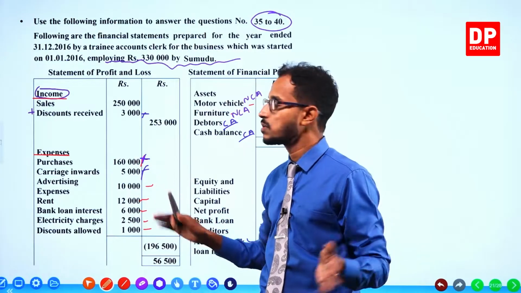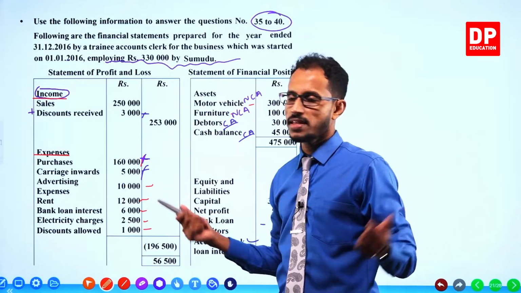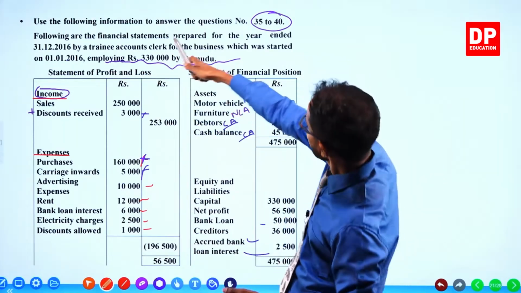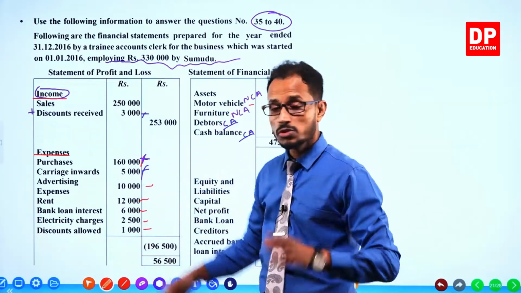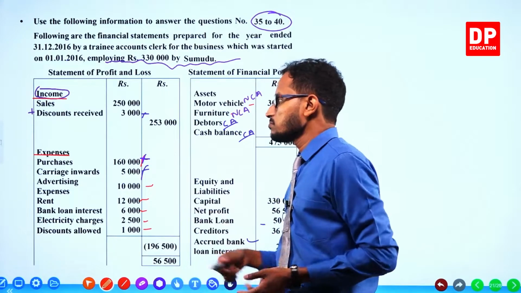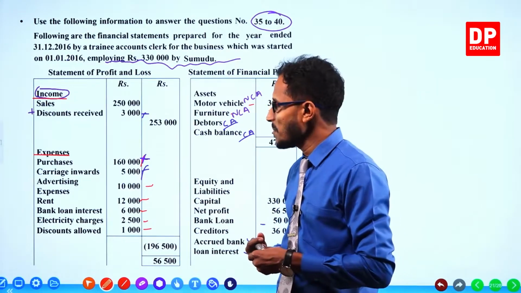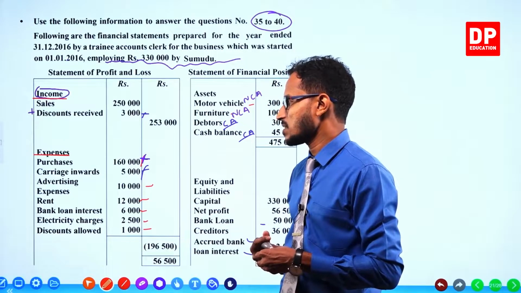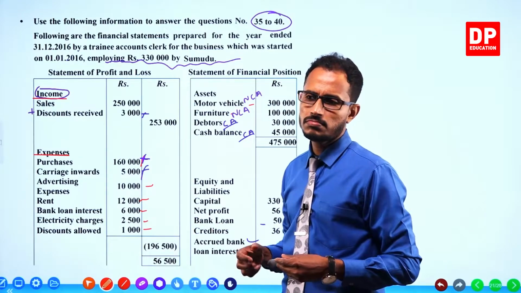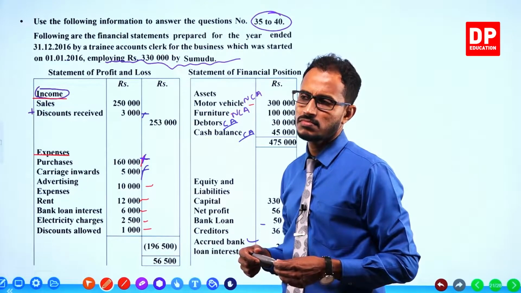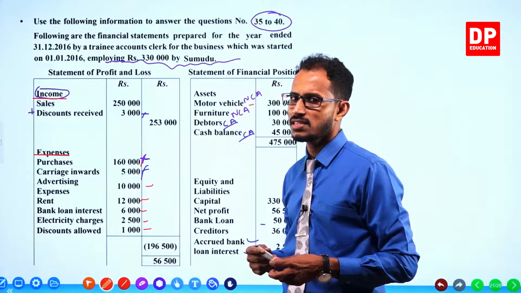Opening stock, of course, cannot be there because the business was started newly. Closing stock must be there, but here I can't see it. Without a closing stock, a business can end its accounting year.